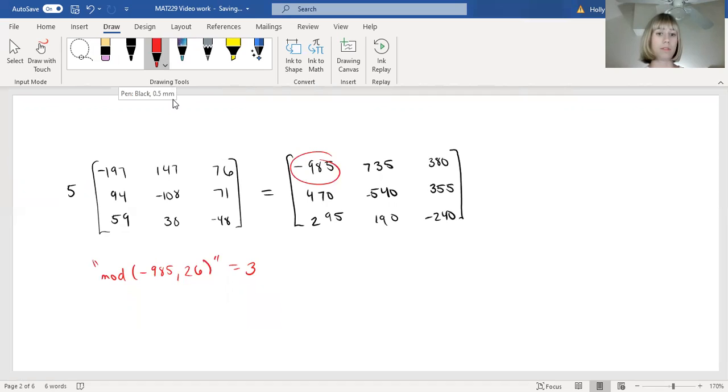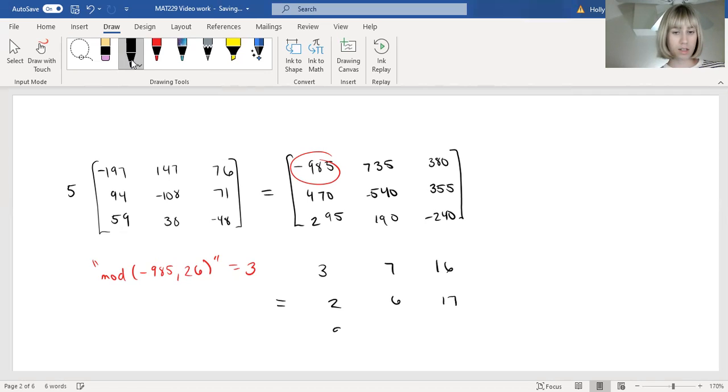So since we know that's 3, you'd go through each number, right? And you would get the resultant matrix of 3, 7, 16, 2, 6, 17, 9, 8, and 20.